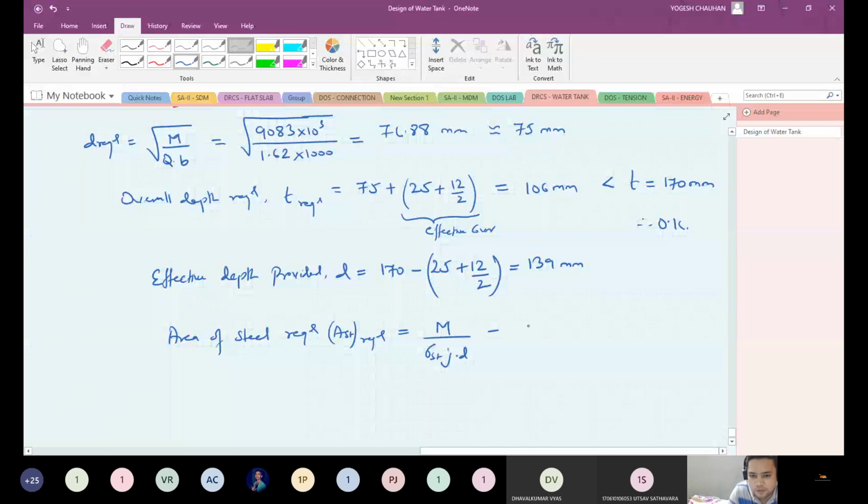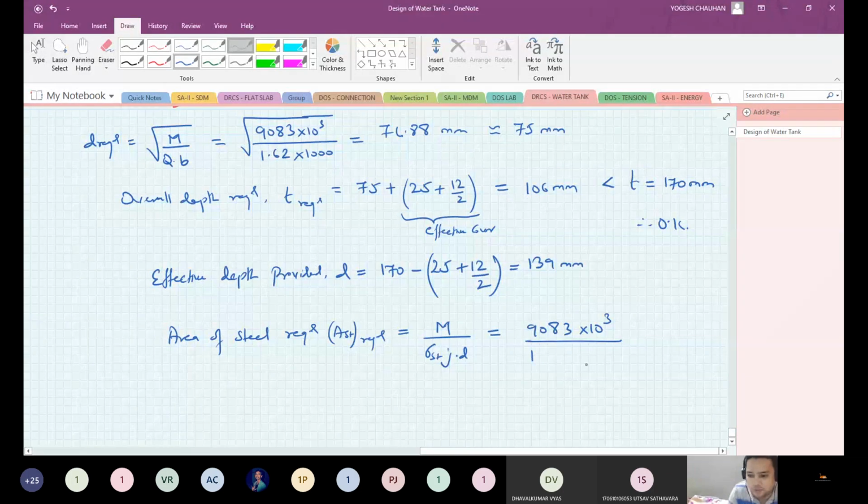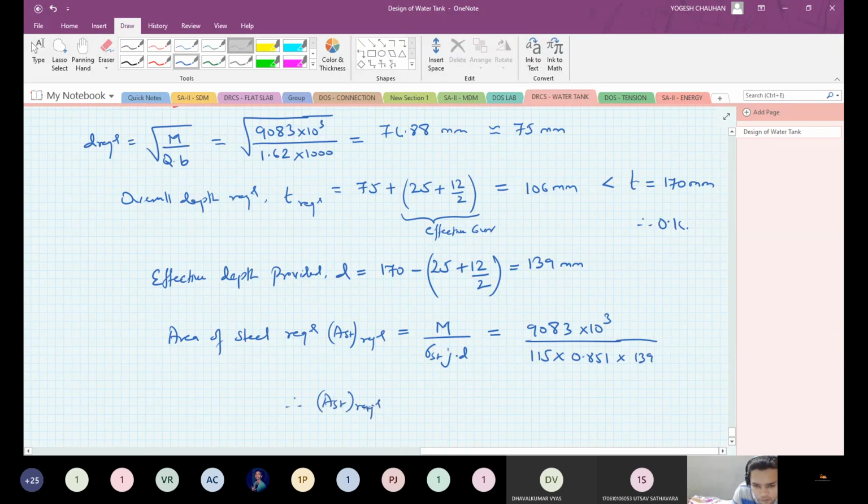So M is 9083 into 10 to the power 3, divided by sigma st, which is 115, the value of j we have found as 0.851, and the value of d is 139. So from this you will get Ast required equal to 668 mm square.